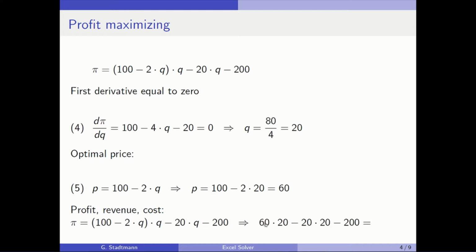So we get here the price is equal to 60 times the quantity, so that revenues are equal to 1,200. And then we have to subtract the variable cost of 400 and the fixed cost of 200, so that in the end the profit is equal to 600. Now I would like to switch to Excel and show you how you can use the Excel solver to replicate these solutions.